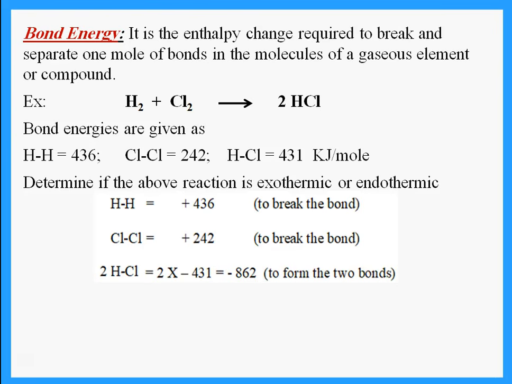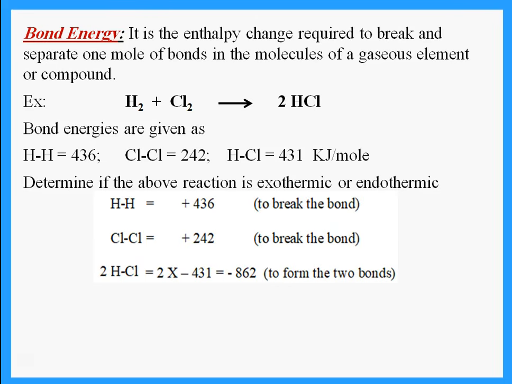So for the hydrogen-hydrogen bond, the textbook gives you these numbers. You're not required to memorize them. So from what it gives me, to break the H-H bond, I need to give it 436 kilojoules. To break the Cl-Cl bond, I need to give it 242. So remember that the breaking of bonds in reactants, we need to add energy.